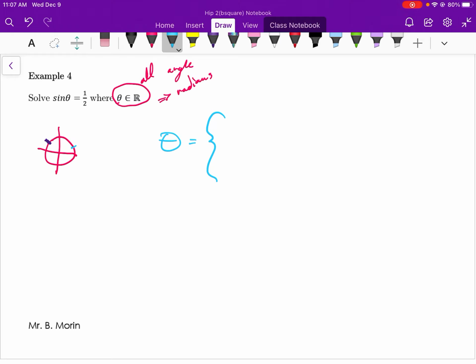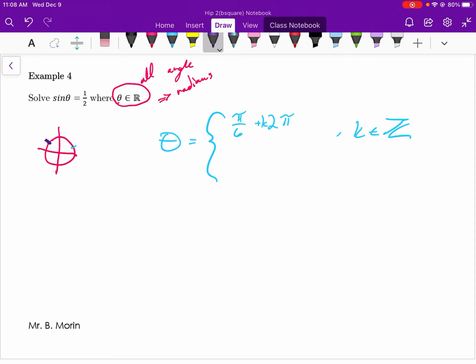What are all possible angles at the blue mark? Well, those are angles that are coterminal with pi over 6. What are the angles coterminal with pi over 6? Pi over 6 plus k 2 pi. I'm just going to put the qualifier that k has to be an element of the integers.